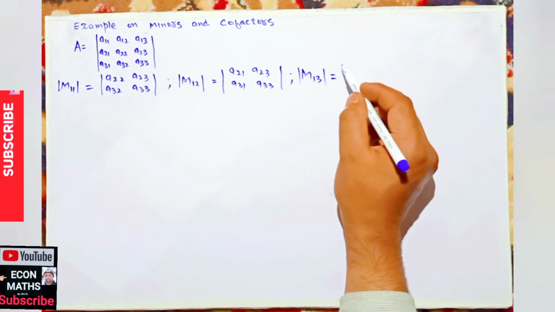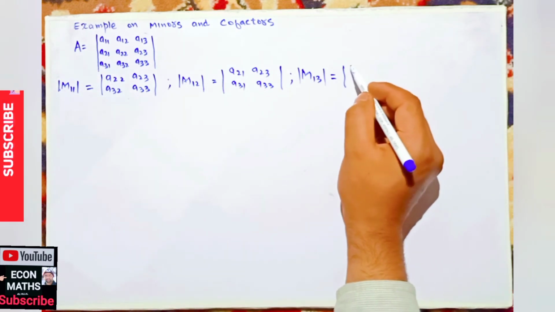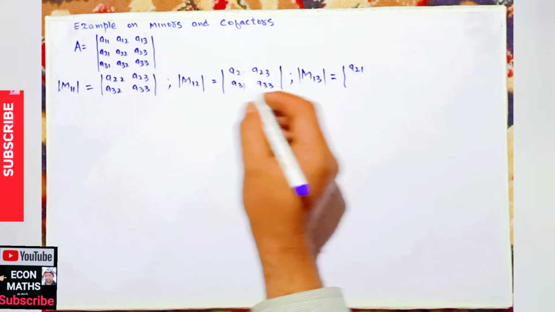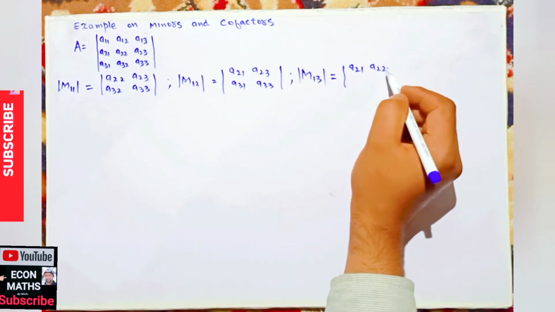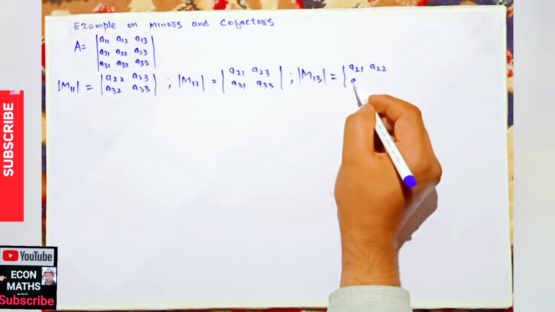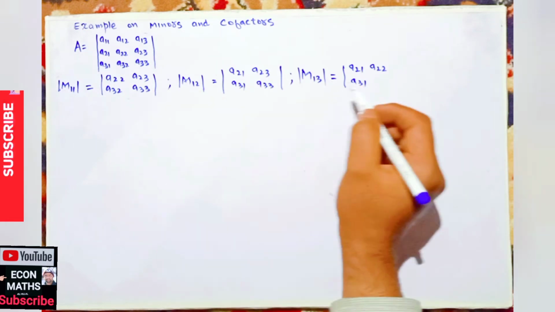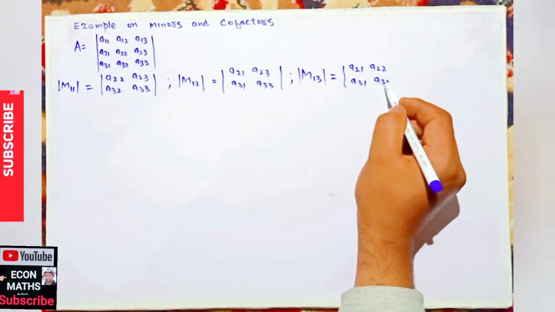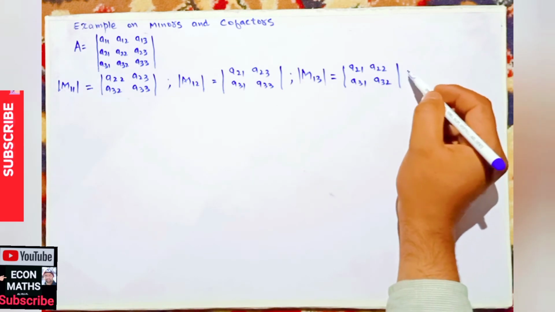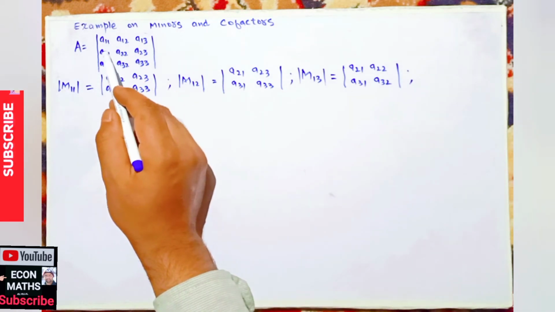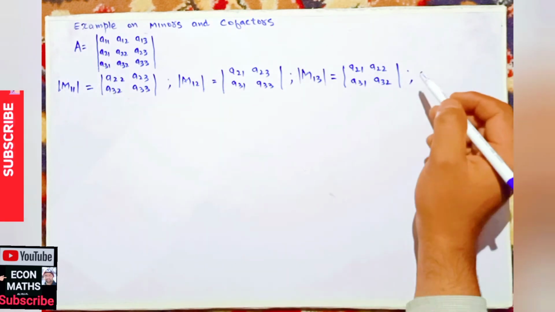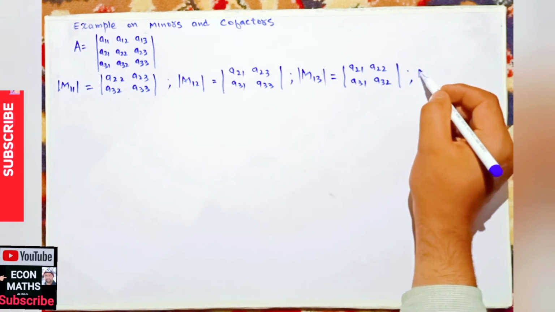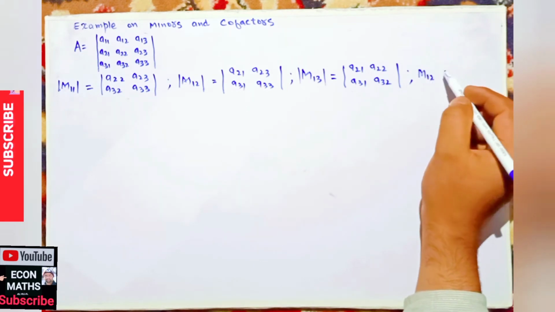So the third minor will be A21, A22, A31, A32. Similarly, the fourth minor is the minor in place of this A12 element, so I will write here that M12.